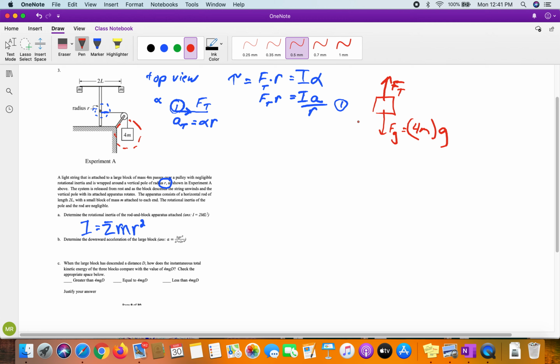So we know it's accelerating down. Its acceleration will be the same as this tangential acceleration in this expression above. So I get ma, but m is 4m, equals mg minus ft. So there's my expression. We'll call that equation number 2.